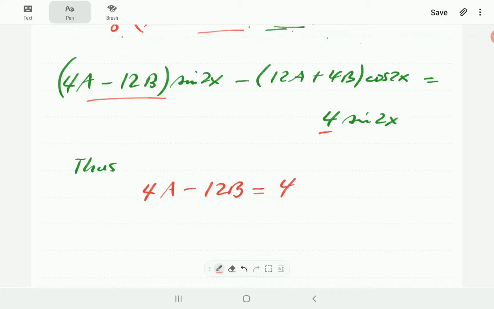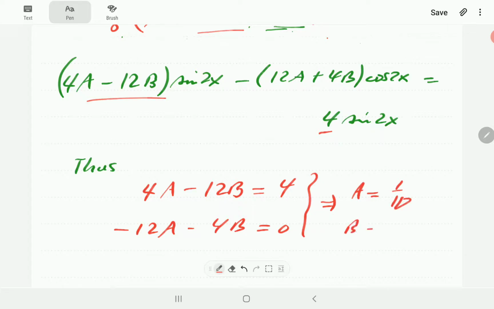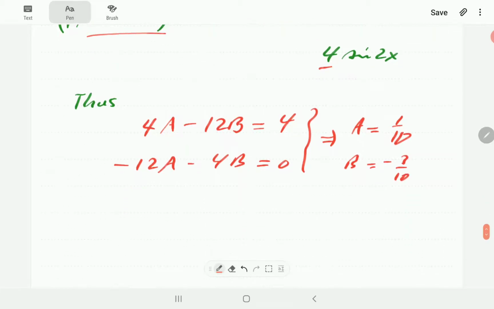And then, of course, minus 12a minus 4b must be equal to 0. This is just a simple linear system. If we solve this, we find that a is 1 over 10 and b is minus 3 over 10.